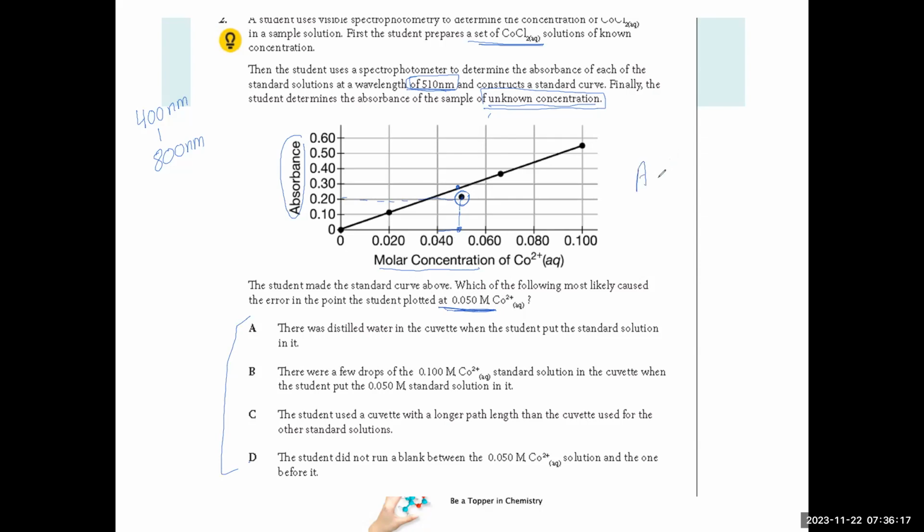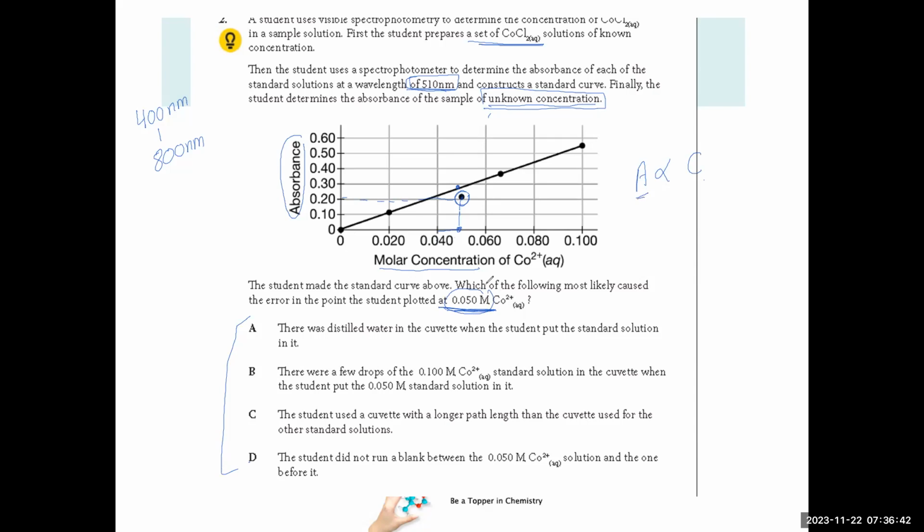Absorbance is directly proportional to concentration. If absorbance is less, then concentration must be less. It means the solution is not exactly this much molar. The solution is less molar. The solution by mistake has more water, right? It's less concentrated than 0.05.